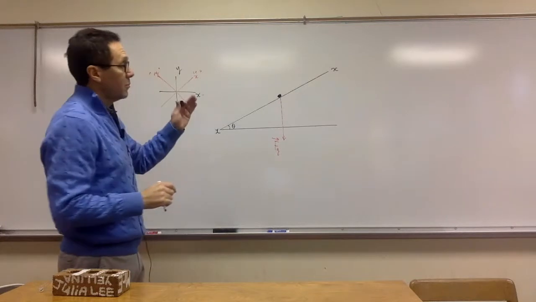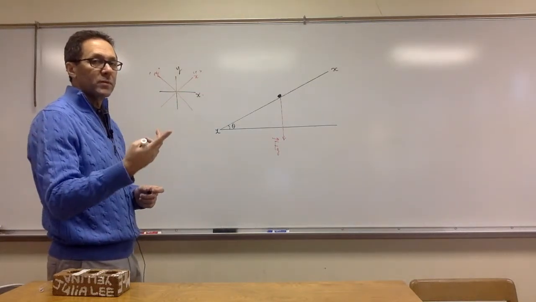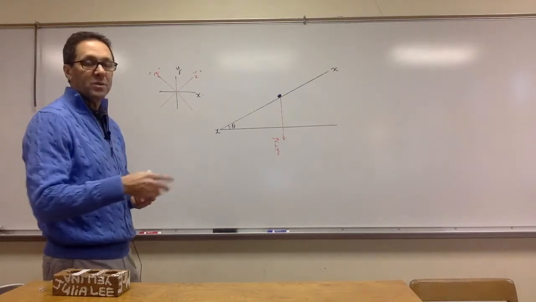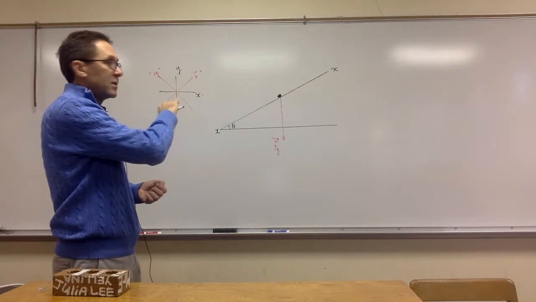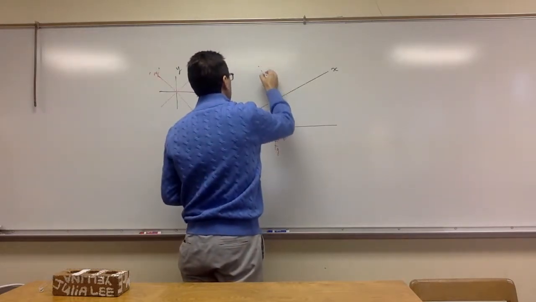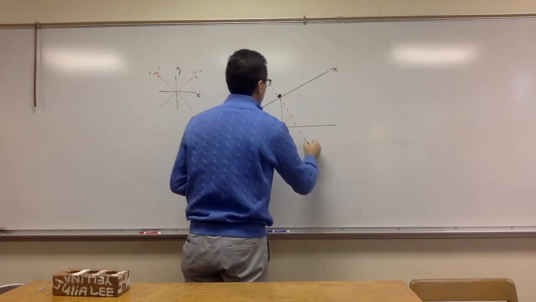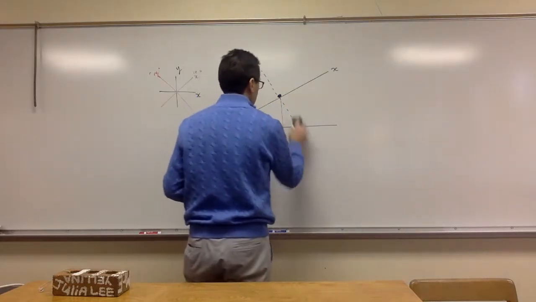I can look at the positive x direction as up or down, depending on which way the object is moving. If the object is moving up, up the ramp is positive. If the object is sliding down, down the ramp is positive. Then I have my y-axis. These two should be perpendicular. Maybe I didn't do a good job there.